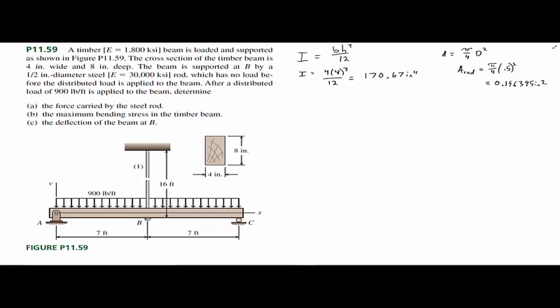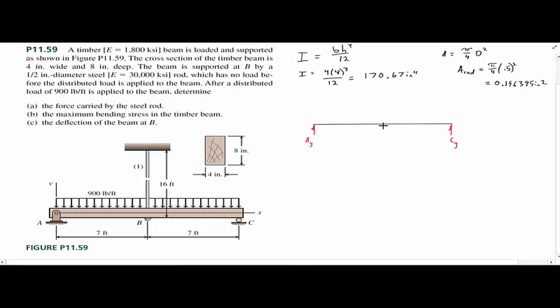So now that that's out of the way, let's draw really quick just of our loading here. We have a beam, okay, and our beam that's drawn here, we have a couple of reactions at point A. So AY, we have a reaction, and CY is a reaction. There is a point load directly in the center, right? Because the steel rod is, we have a distributive load working on this timber beam, pushing it down.